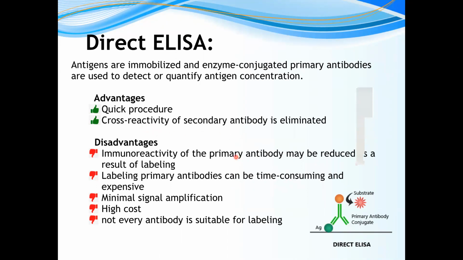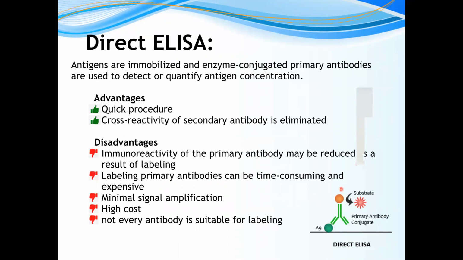However, it has several disadvantages. As the primary antibody in this ELISA is labeled, that greatly reduces the immunoreactivity of the primary antibody. The labeling of the primary antibody is a very time-consuming process as well as very expensive.